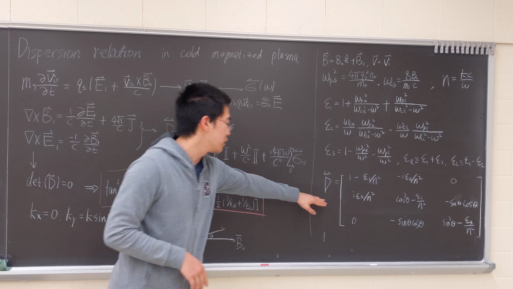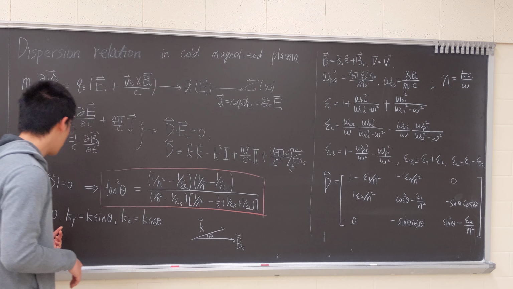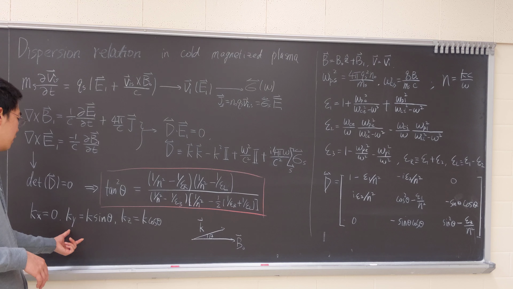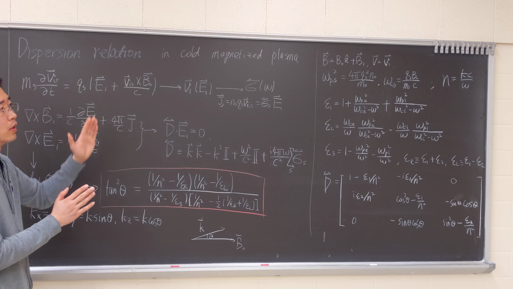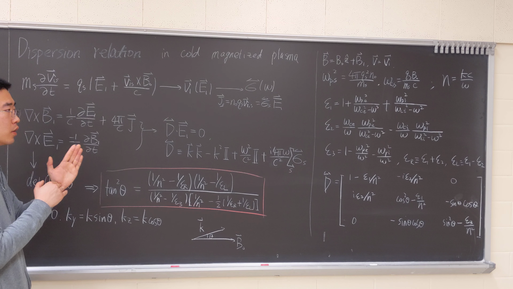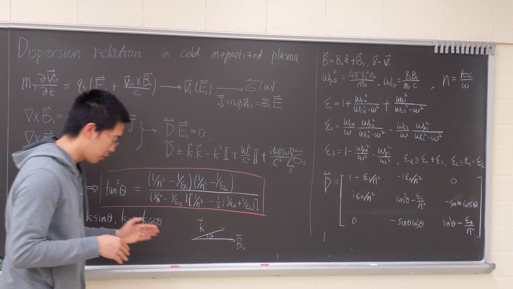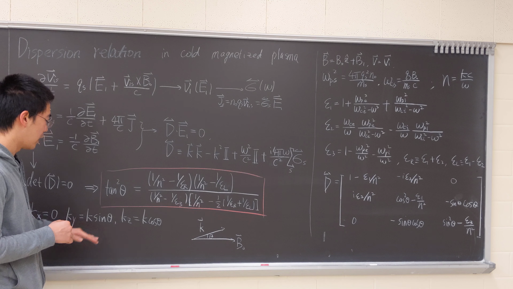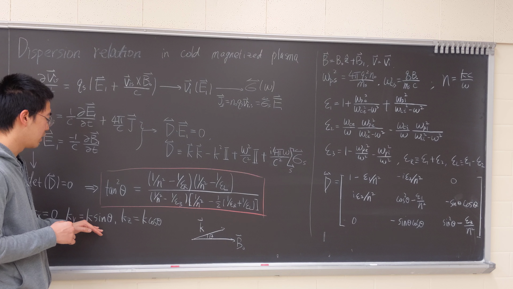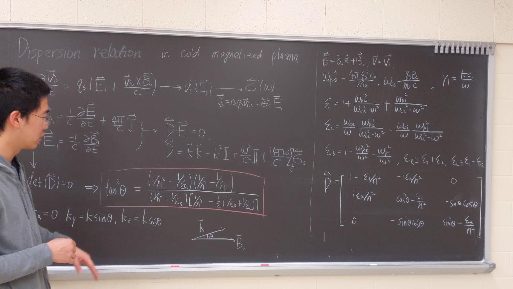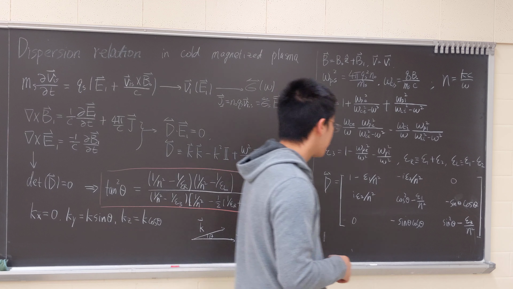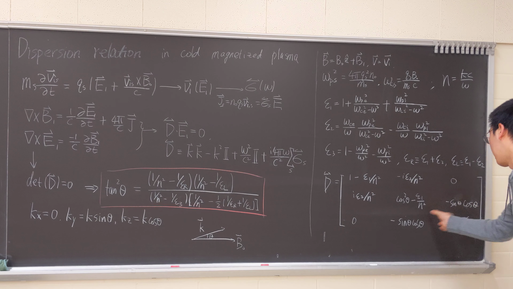For this expression specifically, we're taking kx equals 0, basically to set all of the perpendicular components with respect to b naught in the y direction, and then based on trigonometry we know that ky equals k sine theta, kz equals k cosine theta, and then it appears here and here.